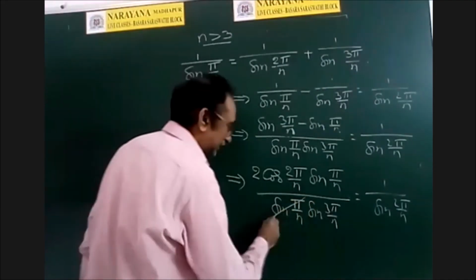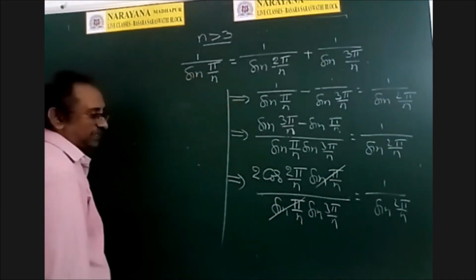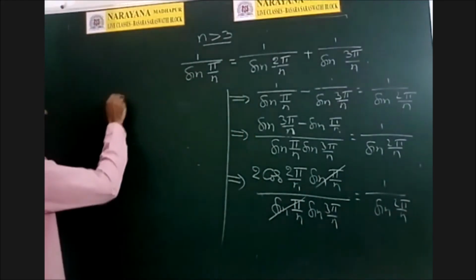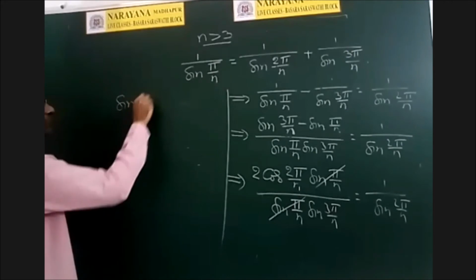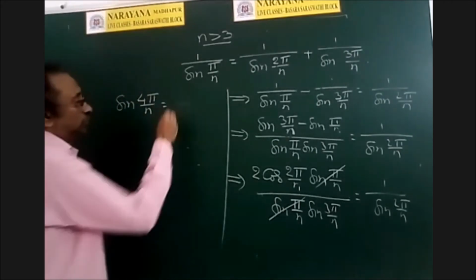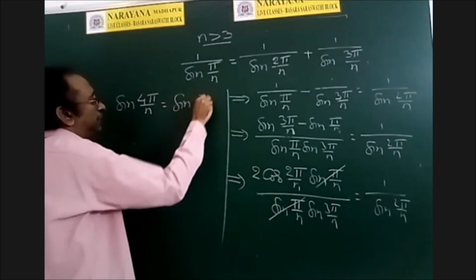And first of all, sin pi by n is cancelled. And after that, cross multiplication: 2 cos theta sin theta means sin 2 theta, so sin 4 pi by n is equal to, by cross multiplication, sin 3 pi by n.